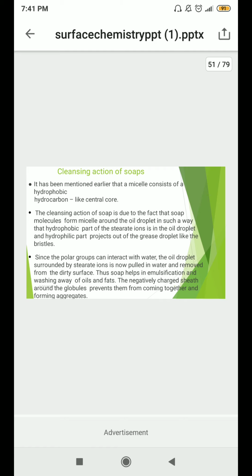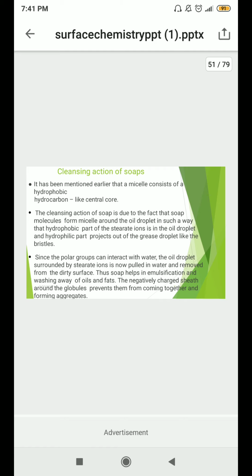The hydrophobic part goes into the stain, that is your oil part, because it is soluble in oils, and the water soluble, hydrophilic part remains in the water. Since the polar groups can interact with the water, the oil droplet surrounded by the stearate ions is now pulled into the water and removed from the dirty surface.